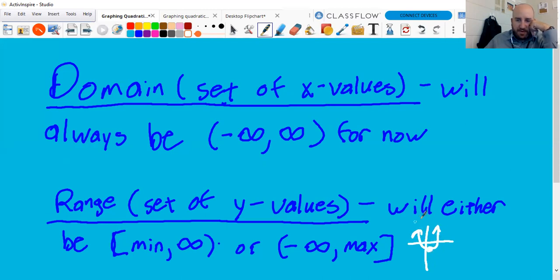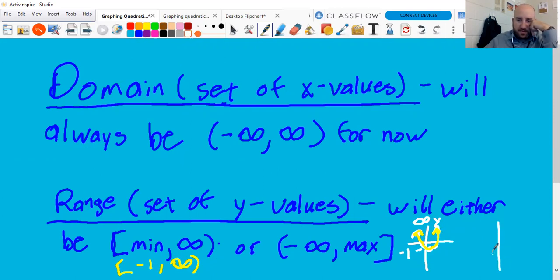Both my ends are going up to positive infinity Y. If we say this is negative 1, this is my lowest Y point. The line of my graph, my yellow line, never goes below Y equals negative 1. So my range would be negative 1 to infinity.